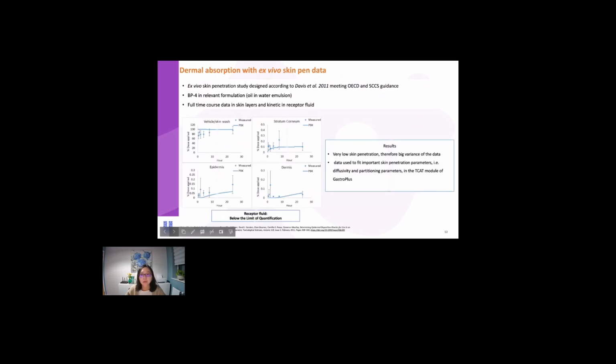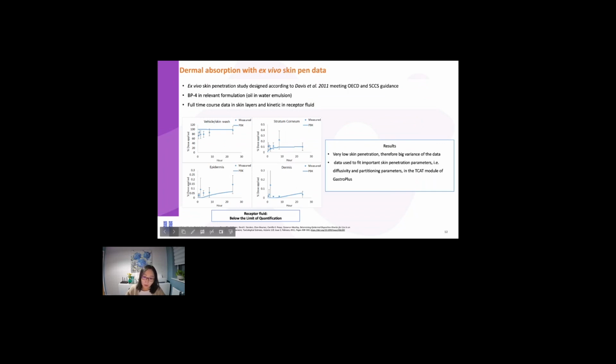And you can see the main results shown here. BP4 has shown to have a very low skin penetration profile. Therefore, this explains the big variance of the data in different skin layers, like the big error bars. So the dots on those figures are the measured data in a time-dependent manner in different skin layers.